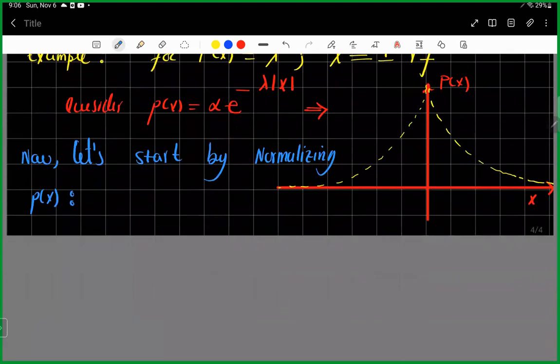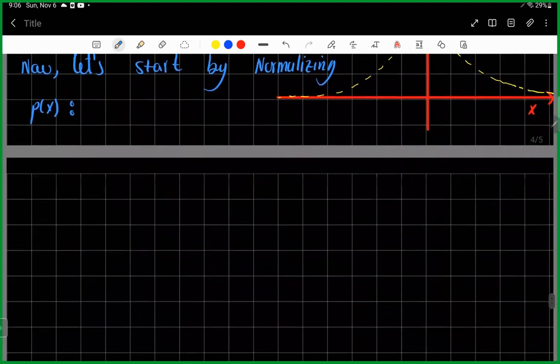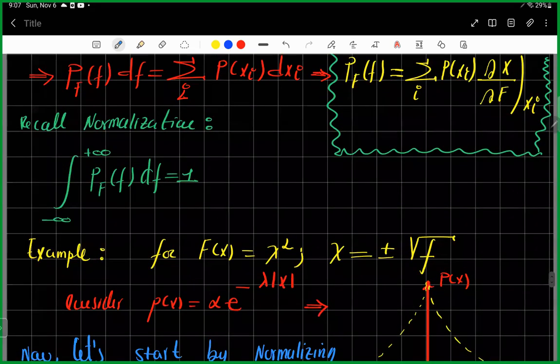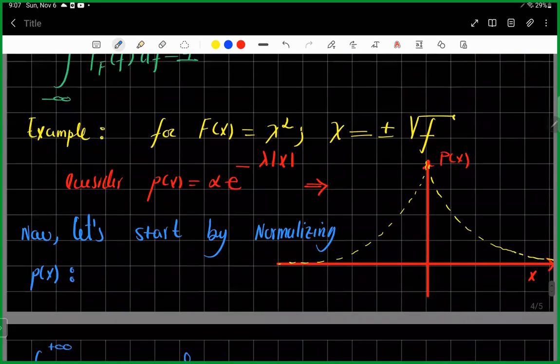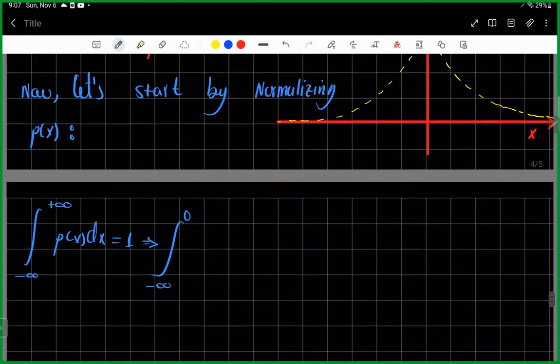Okay, so what I have to do is the integral from minus infinity to plus infinity of p of x dx, which must be equal to 1. The integral from minus infinity to 0, because of the absolute value, will be minus x times minus 1, that's x. So this is alpha e to the lambda x dx plus the integral from 0 to plus infinity of alpha e to the minus lambda x dx.